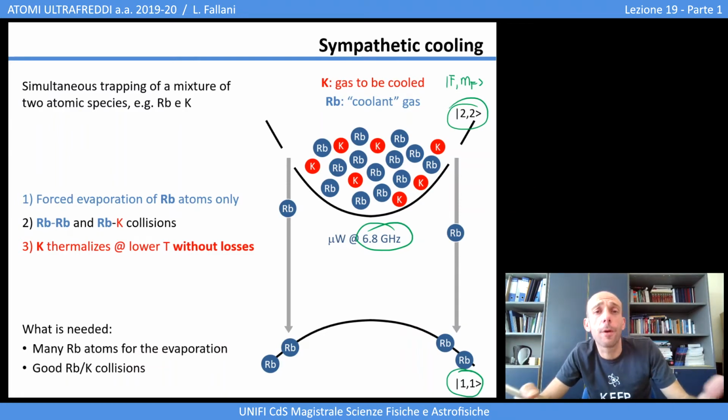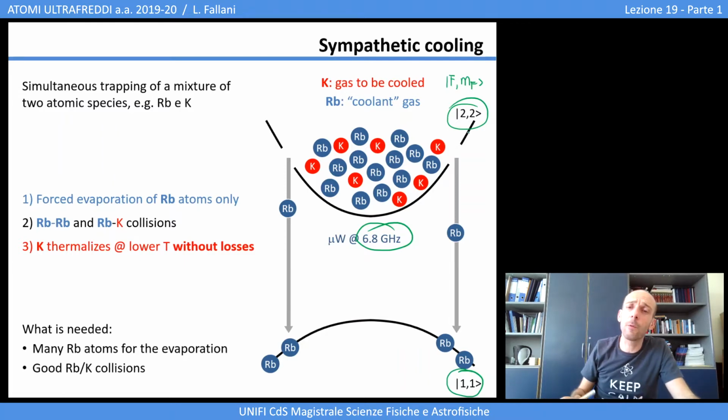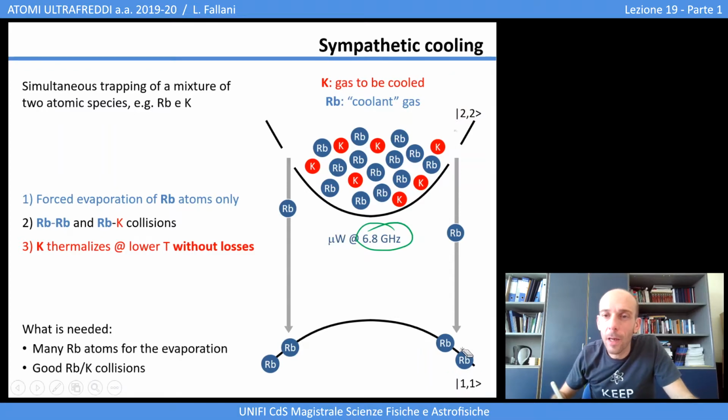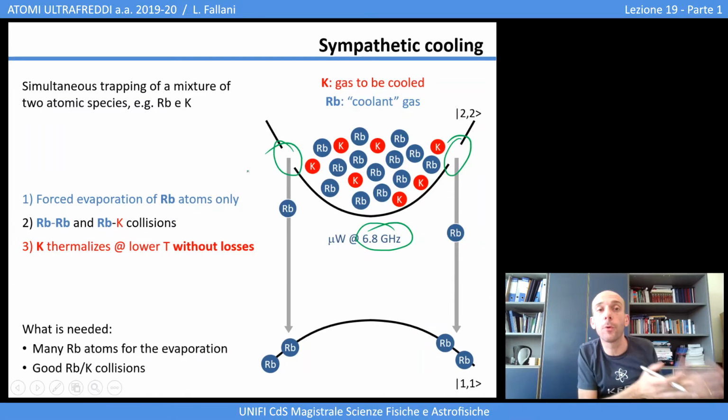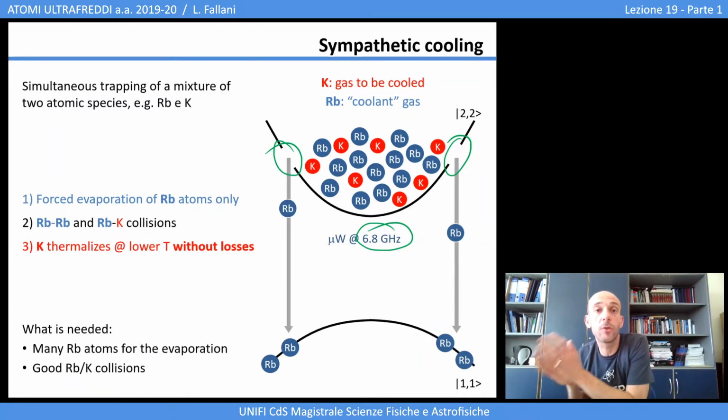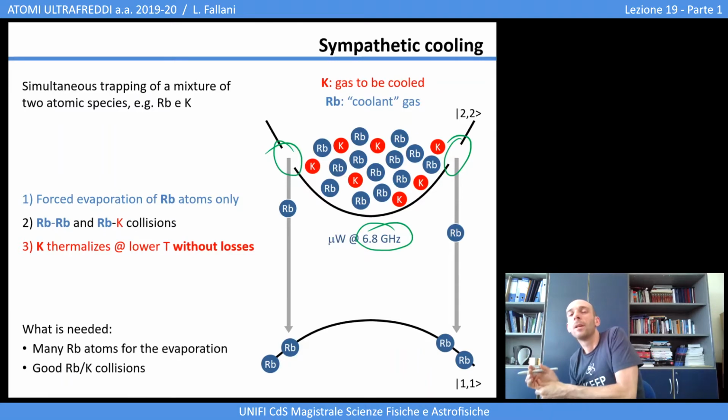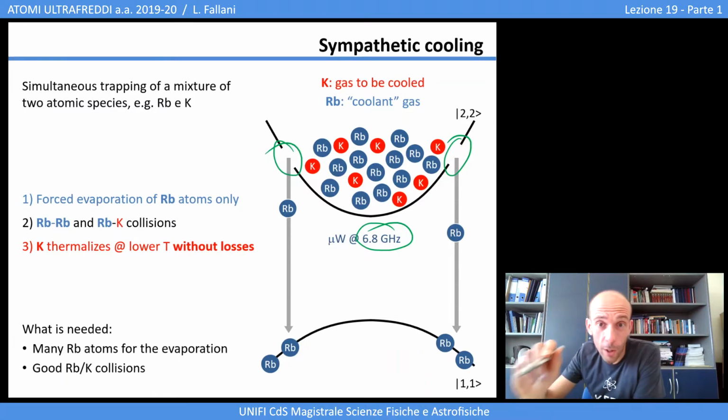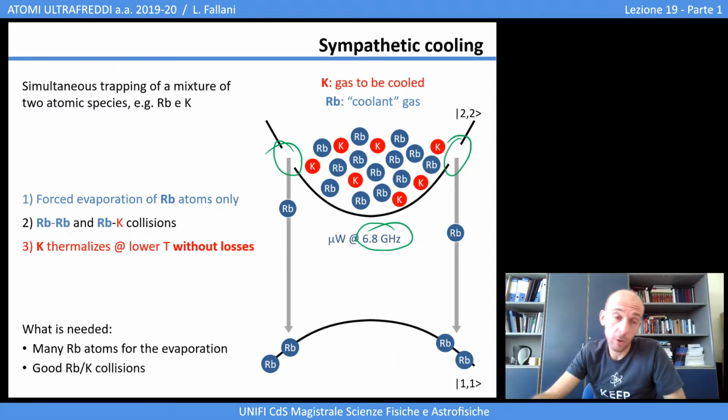And so if we perform this forced evaporation with a microwave at this frequency, we are just digging a hole in the trap for rubidium, but not for potassium, because potassium is not absorbing microwaves in this frequency range. So basically, in this way, we can evaporate only rubidium, and so we don't lose any potassium atoms, and we gain a lot in terms of phase space density for the potassium atoms.